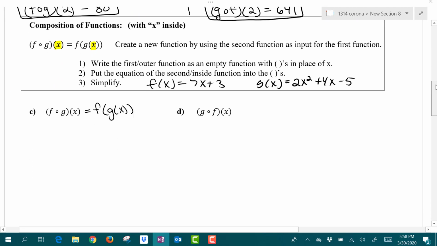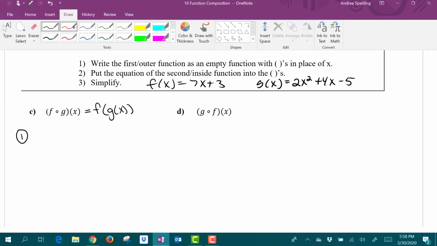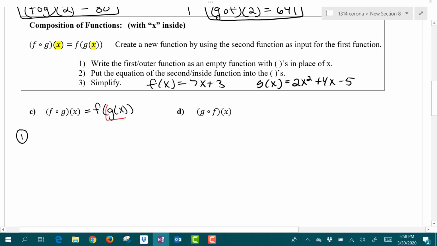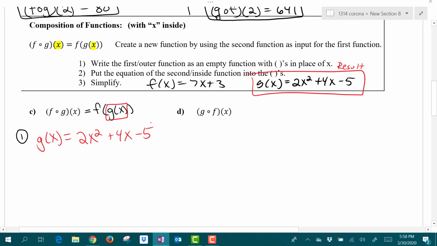Okay, so if I do step 1 like I did before, it says to put x into g. So here's g. Put x into g. Well, putting x into g, what's the result of that? Well, the result of that is the equation itself. So that might be kind of like a silly thing to do. We don't really have anything to do because putting x into equation g is already done for us. The result is 2x squared plus 4x minus 5.